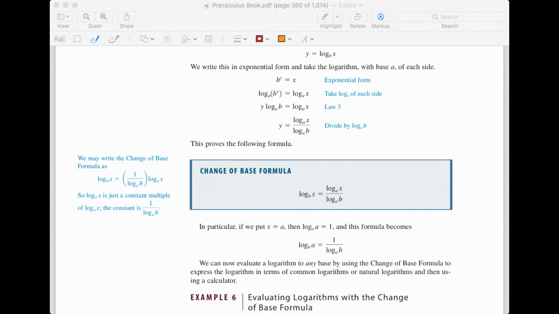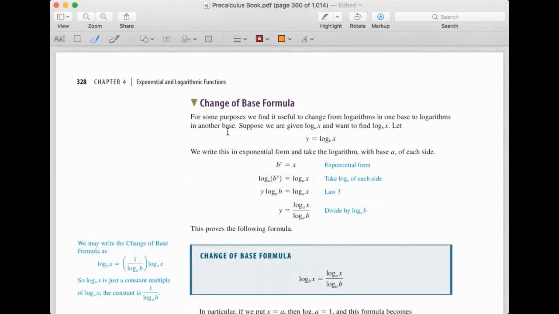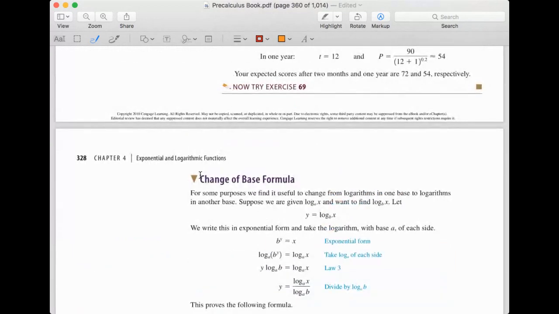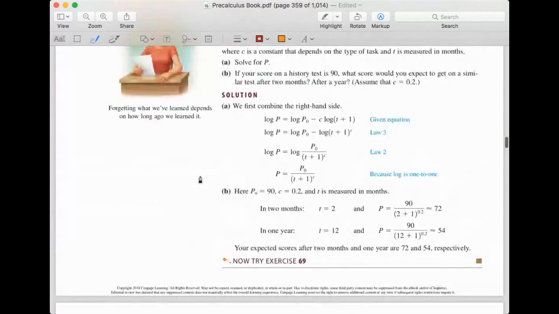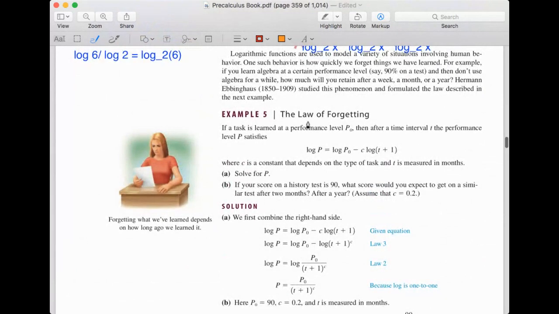What do you mean, what's the law of forgetting? Rina, what do you mean by that? Oh, the example 5, the law of forgetting.